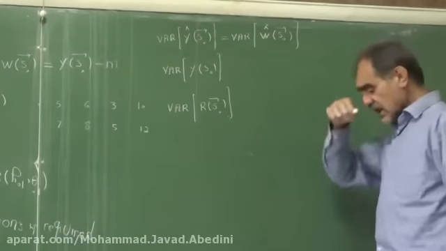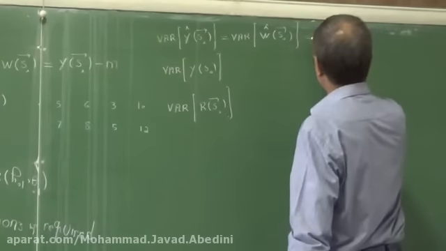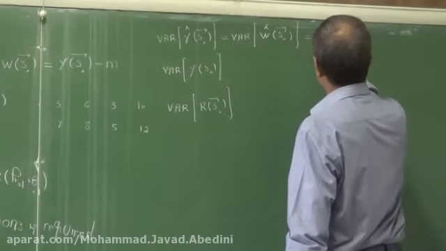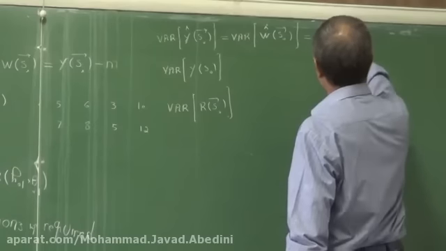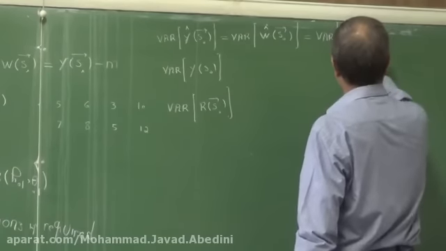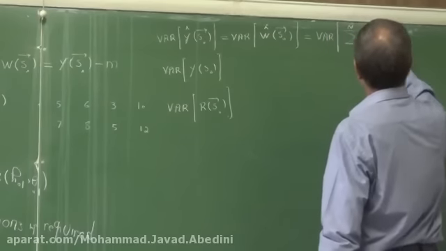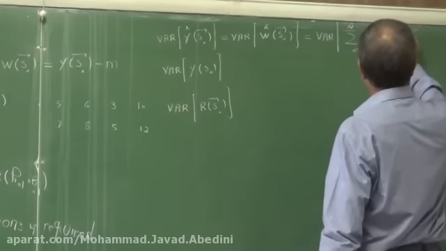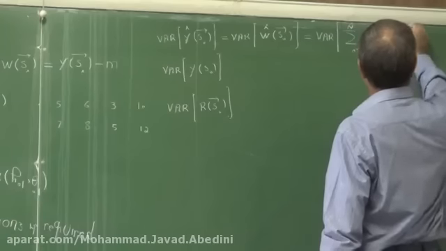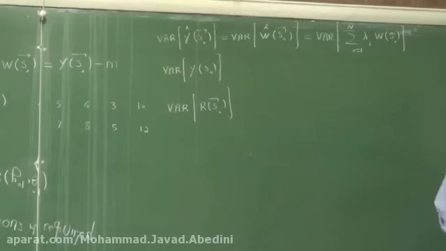Then you can replace this W hat with its counterpart. And then the variance of this linear combination can be written as a double summation.